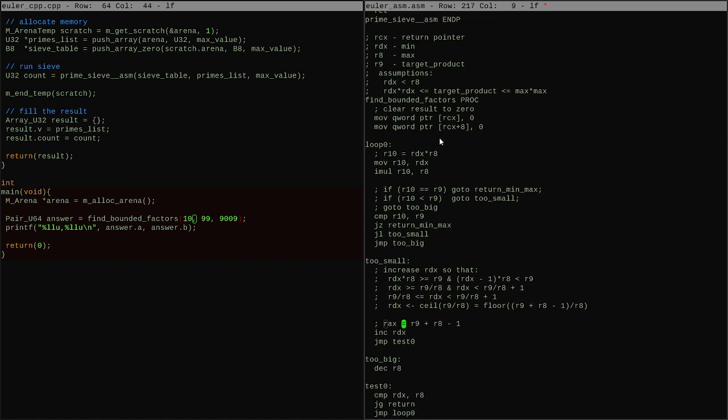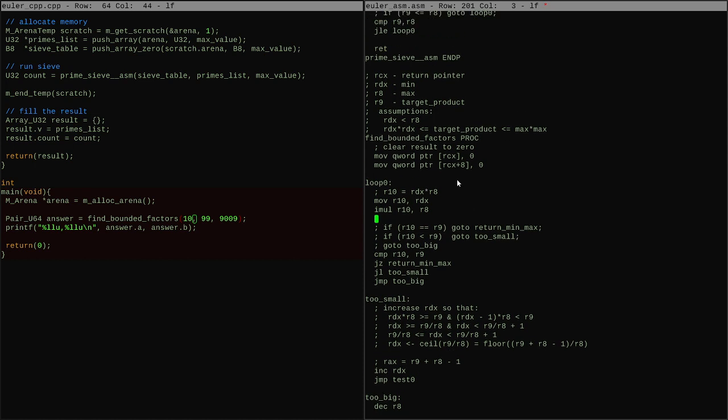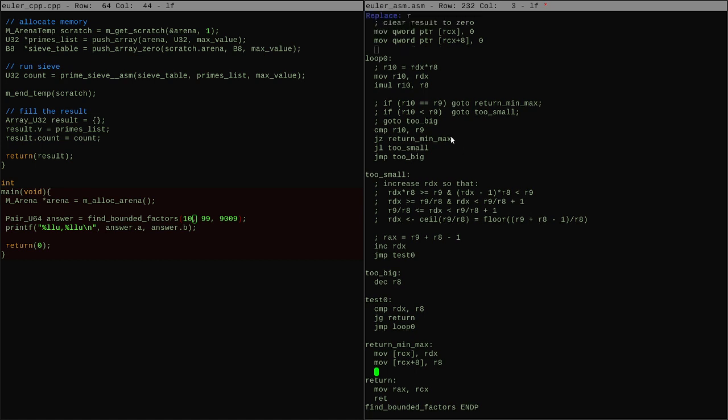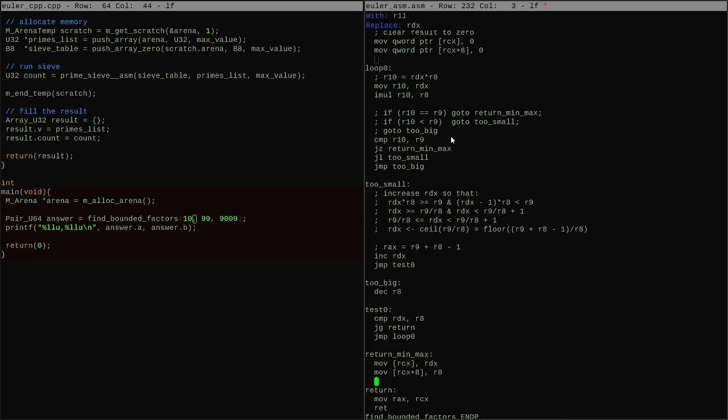Unfortunately, we're using RDX as the min variable, but that's not great. So let's recast the role of RDX. We should do this one step at a time. I'm already using R10 as my filler, so I'm going to have to use R11.